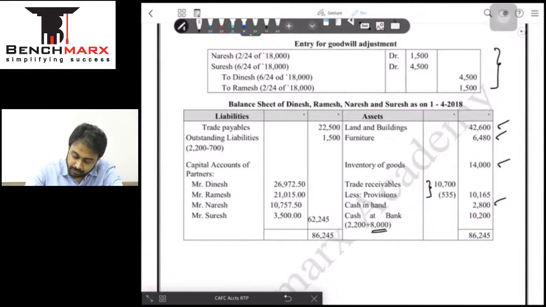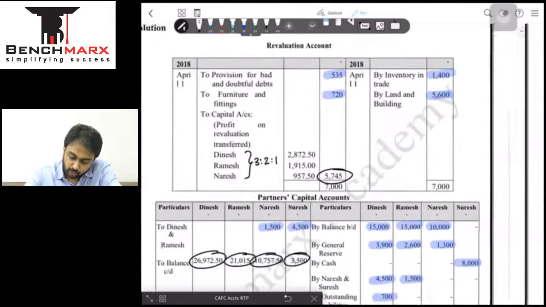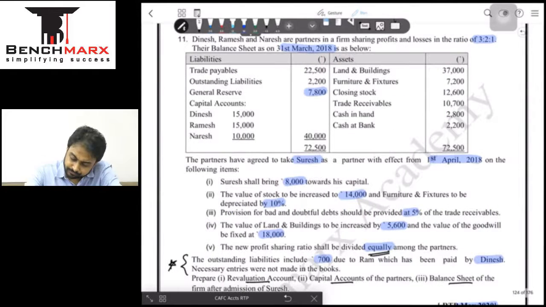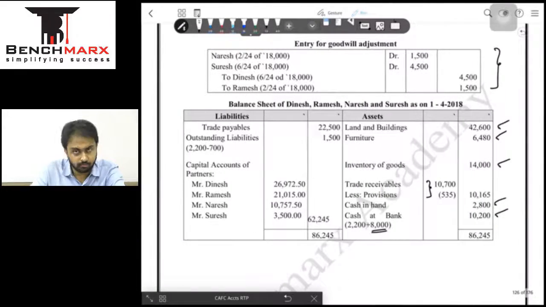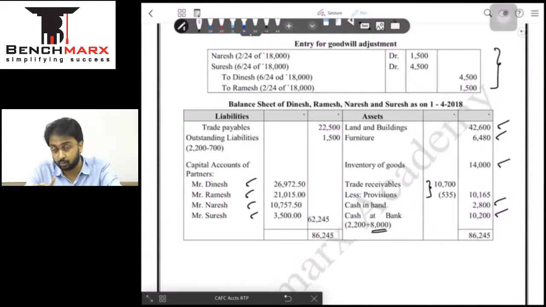In bank cash we'll have to add the capital brought by the incoming partner, so that makes it 10,200. So 28 was the old, 22 was new, and to 22 we have just added 8,000 more. In liabilities, capitals will come.